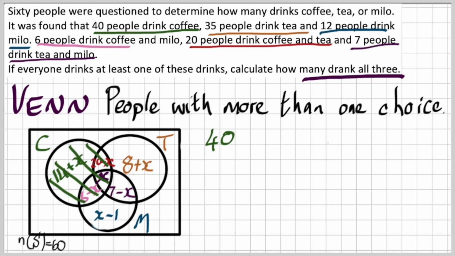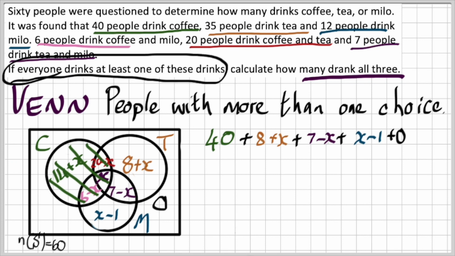So I'm going to say all of those parts in the C added up, plus, then I'm going to add up all the other parts in my Venn diagram. But now where does that 0 come from? There's no 0 on the Venn diagram, but it's because we forgot to fill in that it says everyone drinks at least one of these drinks.